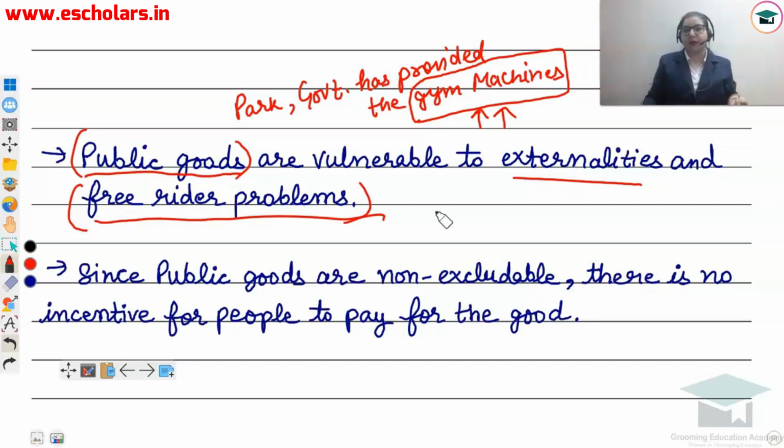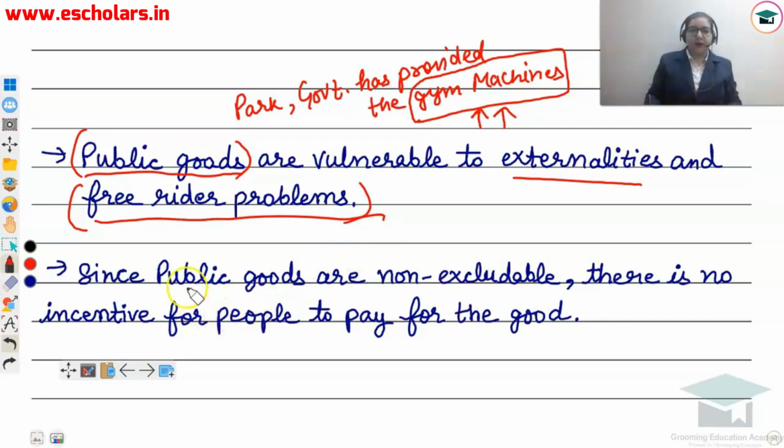Free rider problem basically arises because such goods are available to the people free of cost. No one is paying the price to avail the services of the public goods. And moreover, everyone acts in their self-interest. So all of this leads to free rider problems.